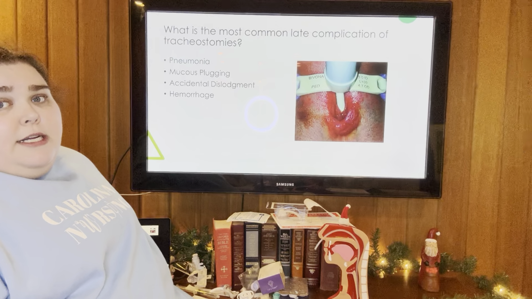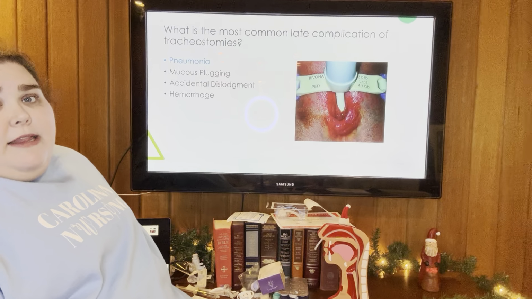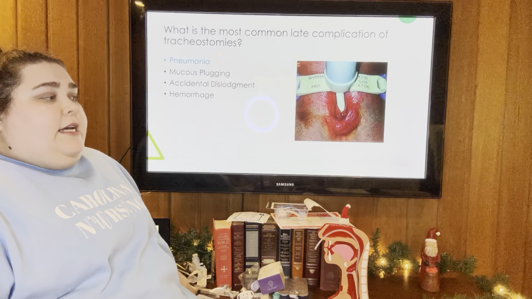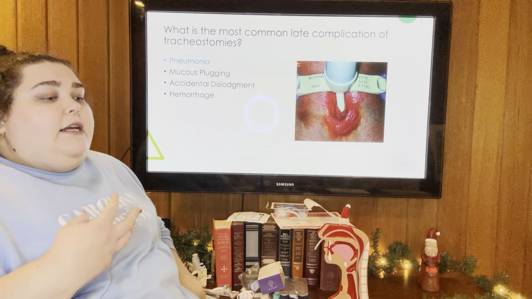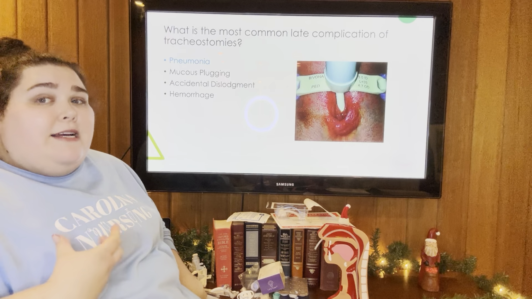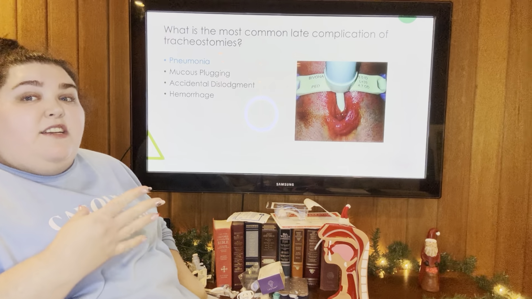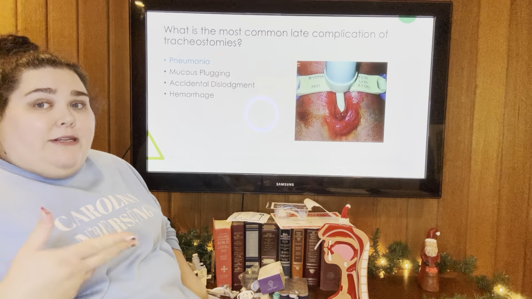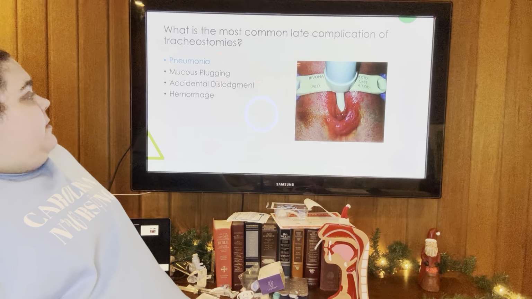The answer is pneumonia. As we talked about, without the filter that the pharynx provides, dust, dirt, debris, and germs from the environment getting into the airway cause a high risk of pneumonia in trach patients.